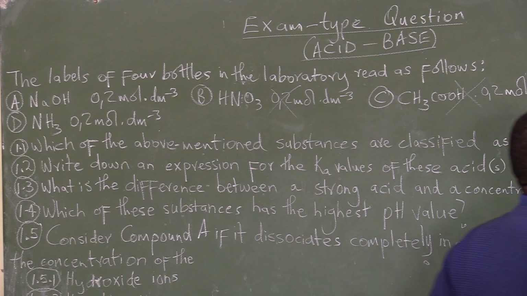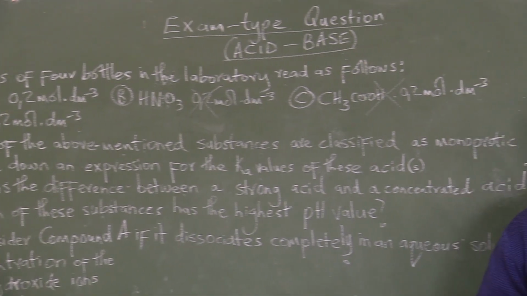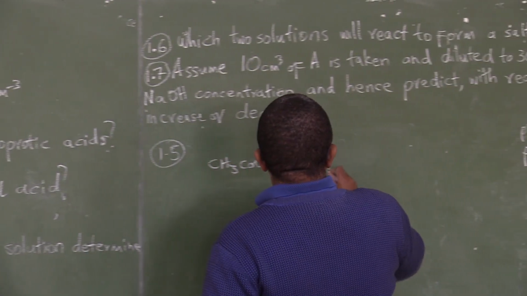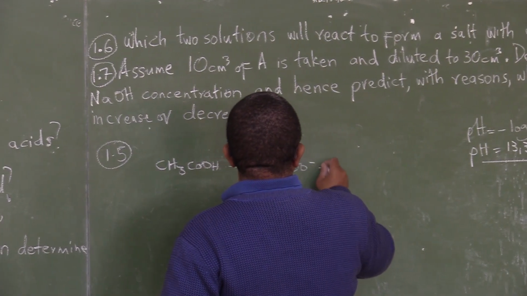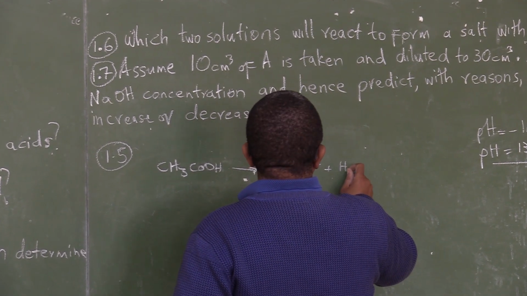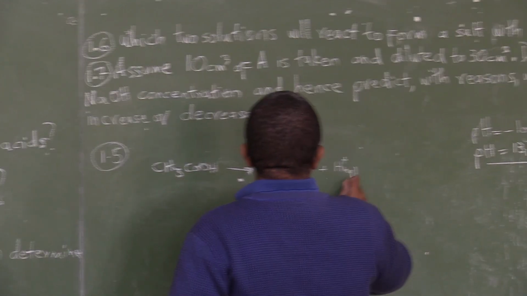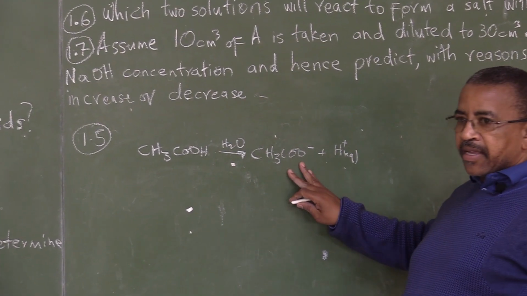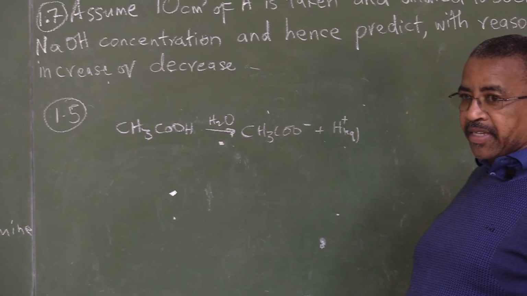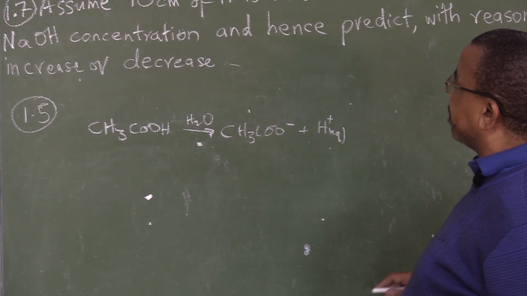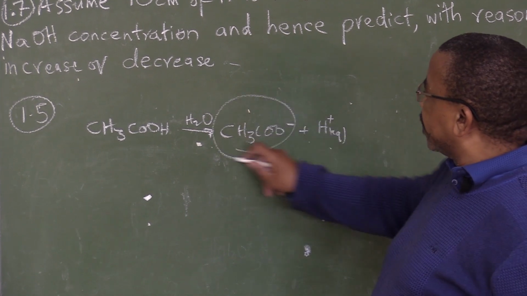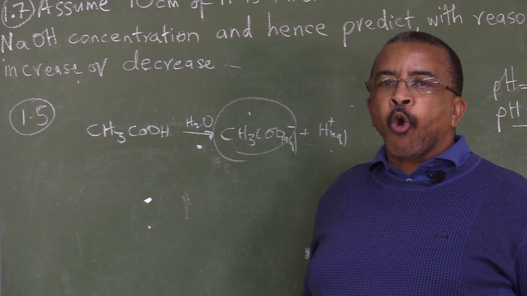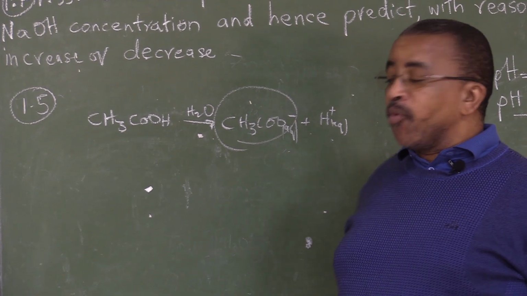Why not this one? Acetic acid forms CH3COO minus plus H plus aqueous. Acetic acid in water gives us acetate ion. But now the problem comes: acetate ion in water is a strong conjugate base of a weak acid.